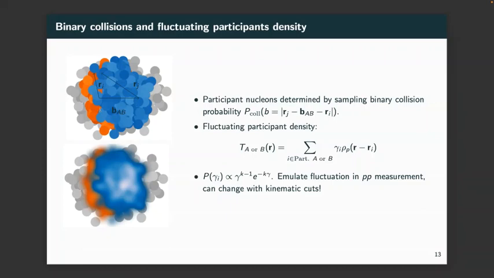And then from this, you can compute the thickness functions. We also assign a fluctuation parameter for every thickness because not every collision is entirely the same. Especially if you only have one slice of probabilities, there is even more fluctuation just from the kinematic window, which fluctuates the production in different rapidity regions.